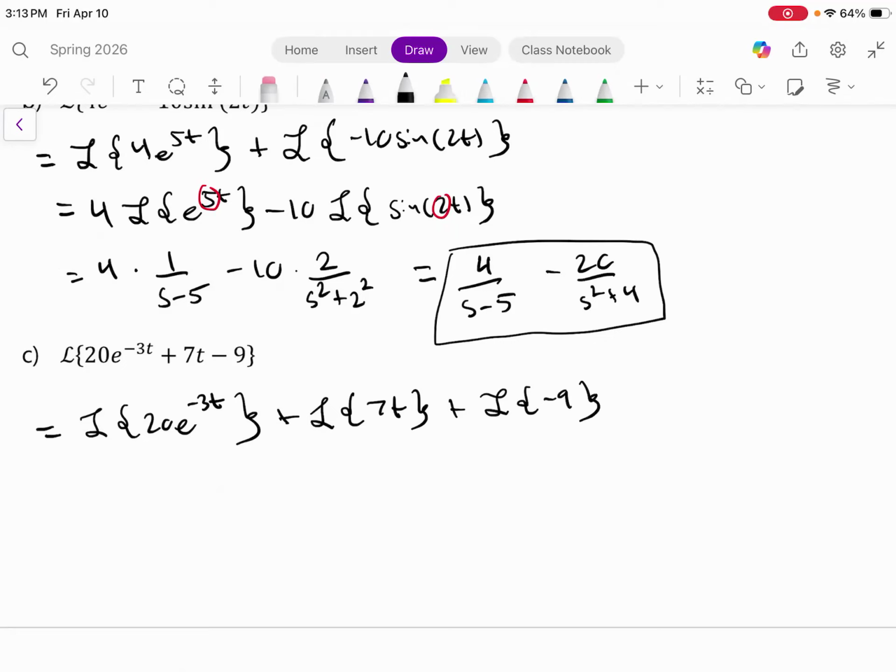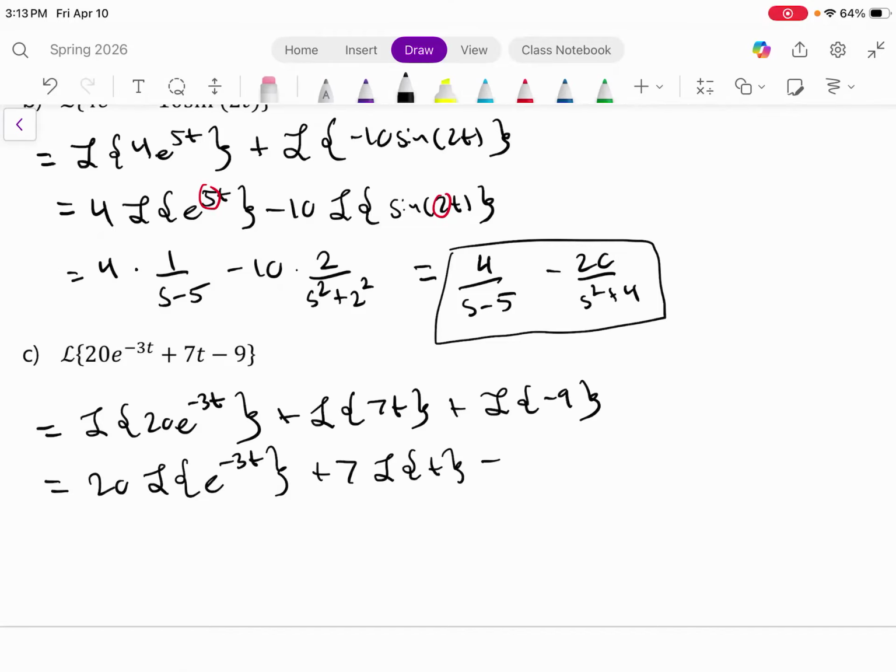And we could take out all of these constants. So this could be 20 times the Laplace of e to the negative 3t, plus 7 times the Laplace of t, minus 9 times the Laplace of just 1.